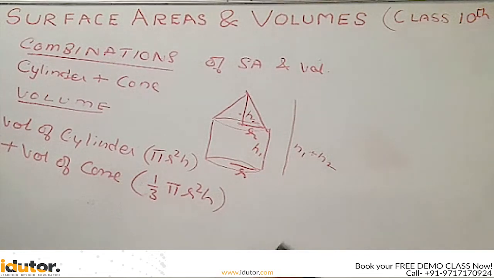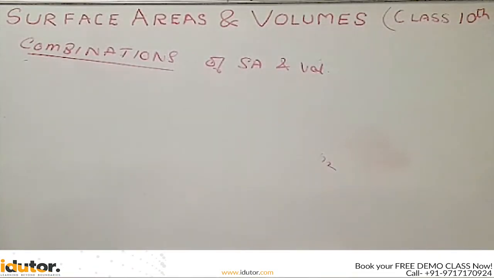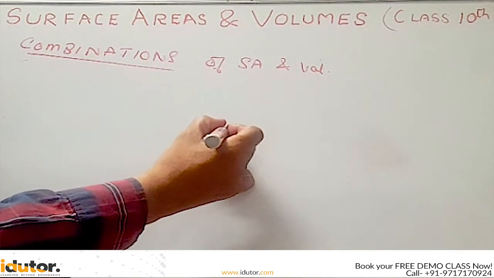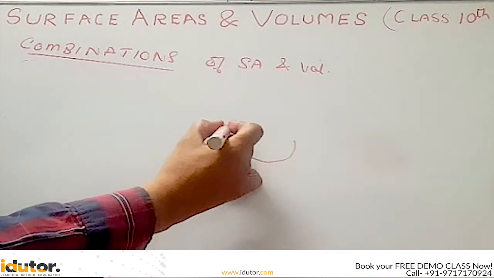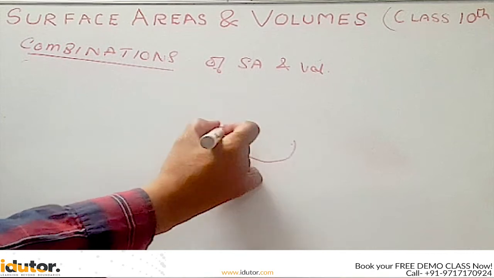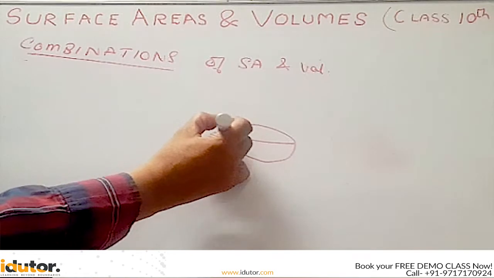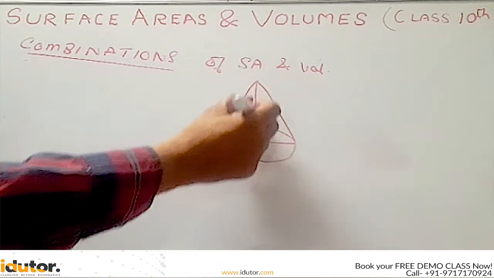All right. So next. Now in the combinations, we will discuss the next type of combination, which consists of a hemispherical bowl, and on the top we have a cone.